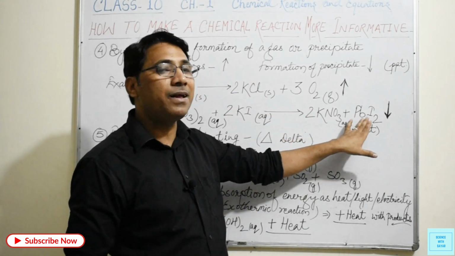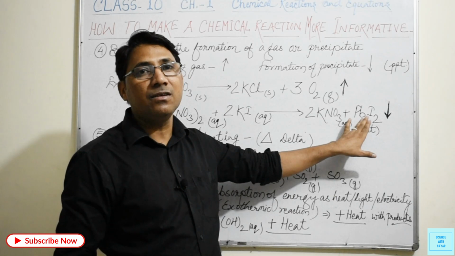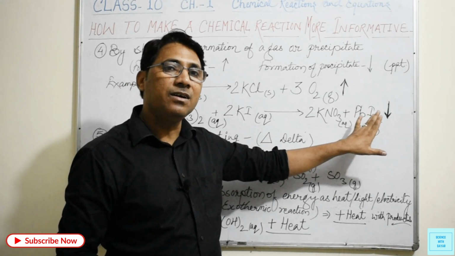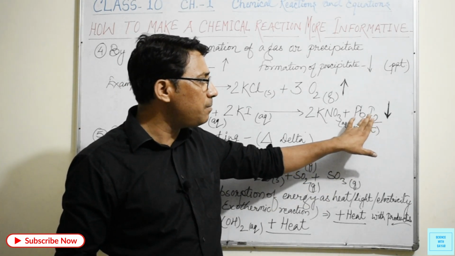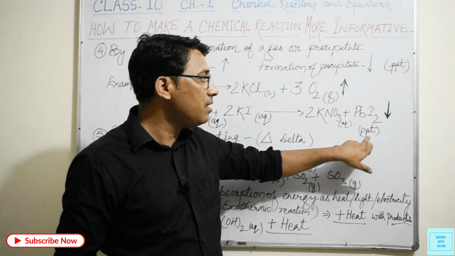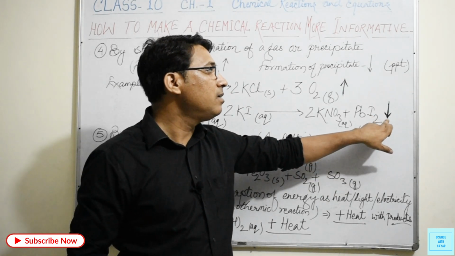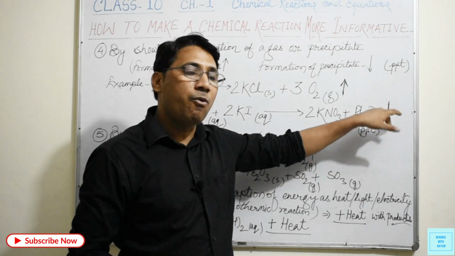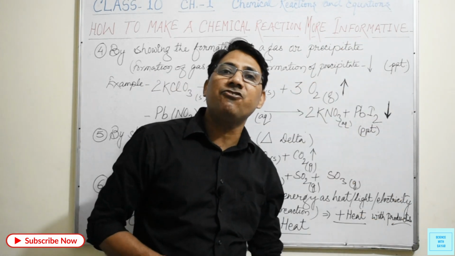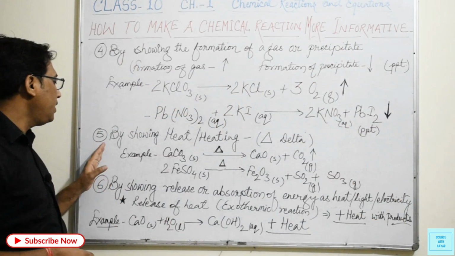So this is a precipitate, and this reaction is also an example of a precipitation reaction. So this formation of precipitate can be shown by writing PPT or by an arrow pointing downward.